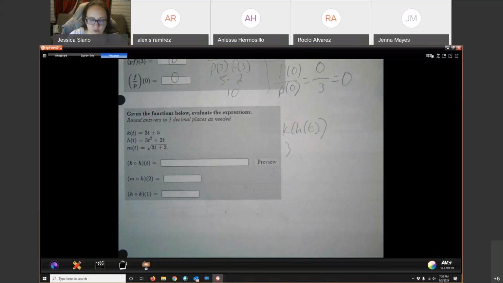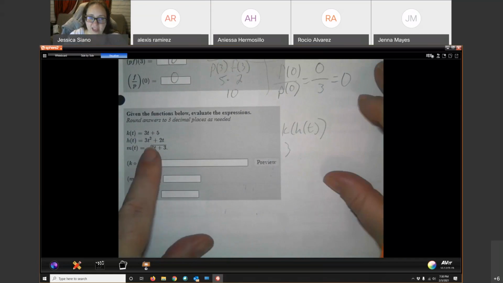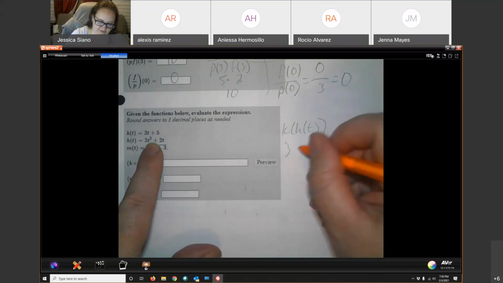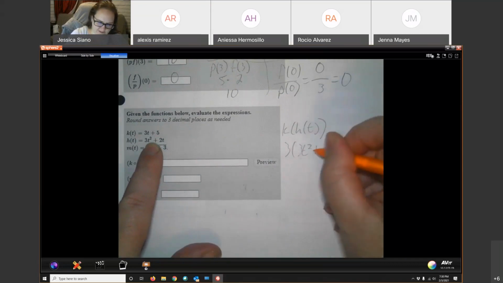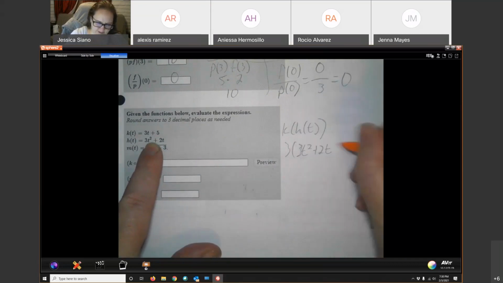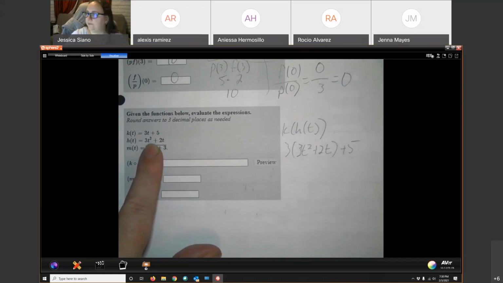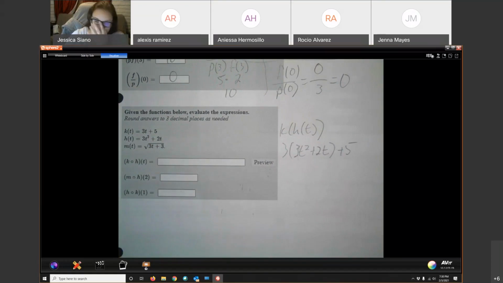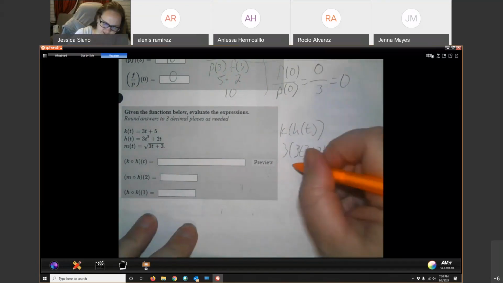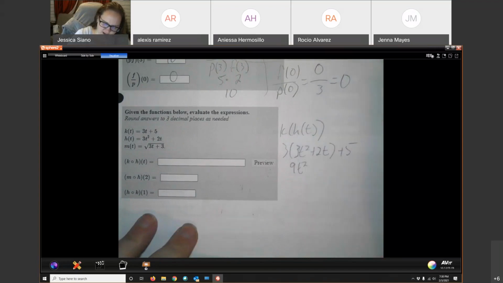Well, if I say to you, what is k of this, you would say that it is 3 times this plus 5. And then we would just distribute. So 3 times 3t squared is 9t squared. 3 times 2t is 6t. And then we would add the 5.